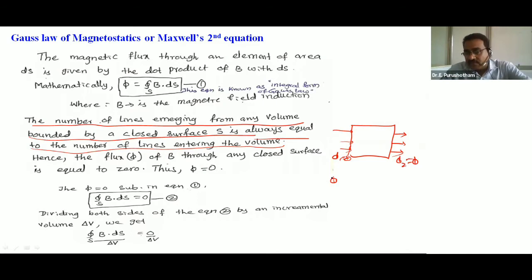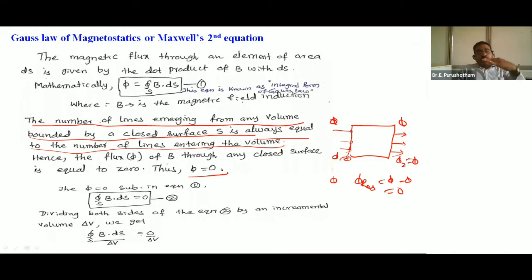The entering magnetic flux is equal to the emerging magnetic flux. Both are the same. Phi 1 is equal to phi 2. This is phi, this is also phi. So the resultant, phi minus phi, what is that value? 0. You should remember, phi is equal to 0.